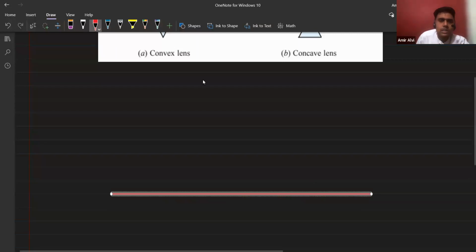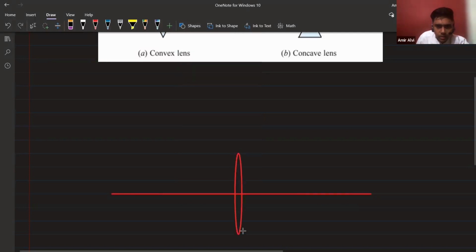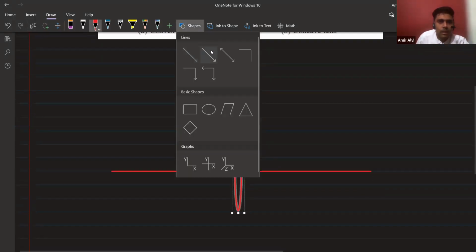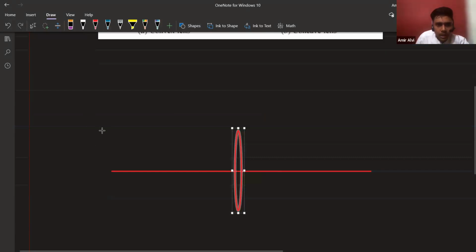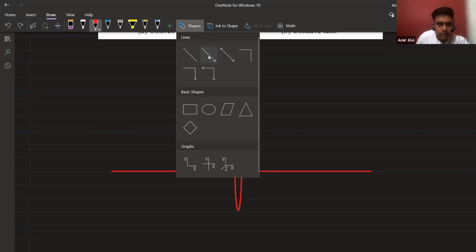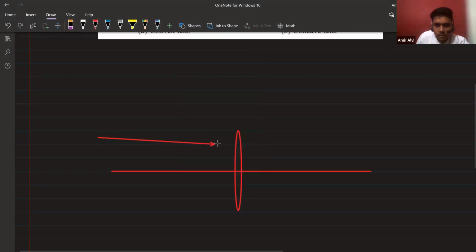So this is called the principal axis. And suppose this is your lens placed like this. Clear? Your light rays are coming in this way.